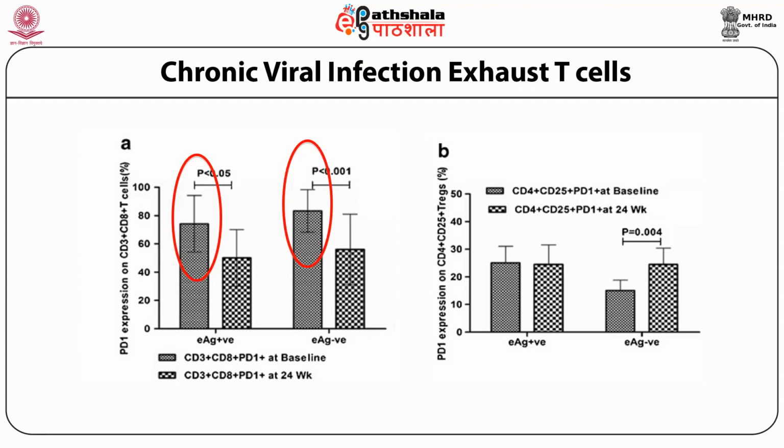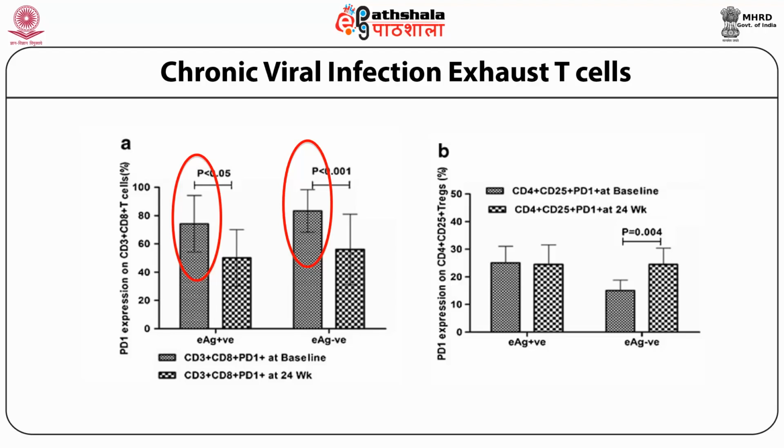Here I am giving you the example of hepatitis B viral infection. In hepatitis B viral infection, patients who are E antigen positive have PD1, which is the exhaustion molecule, present on the T cells. That PD1 expression at baseline, without therapy, is significantly more than the PD1 expression after 24 weeks of antiviral therapy.